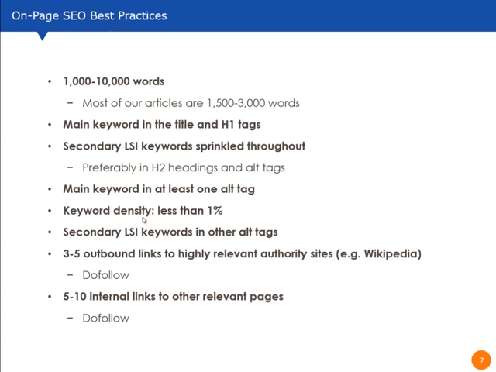And then 5 to 10 internal links, if possible, to other relevant pages on your own site. You want to make those do follow. So the purpose of that, again, is to have this SEO juice, if you will, flowing from one page of your site to another and all throughout your site. This helps with on-page SEO big time.